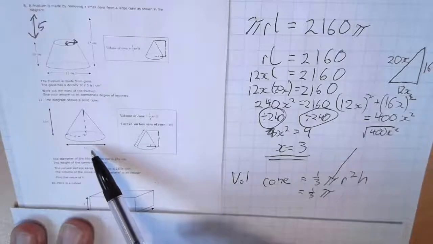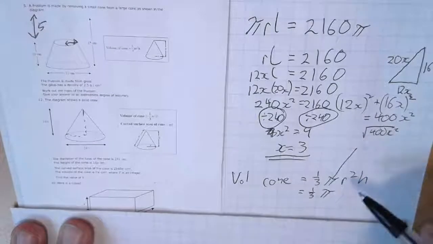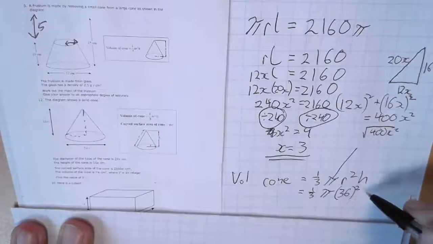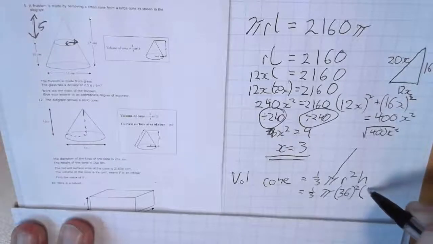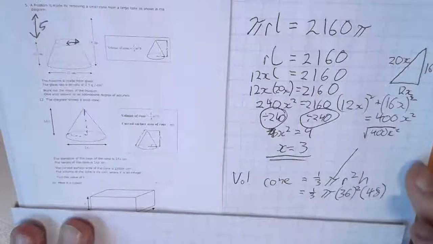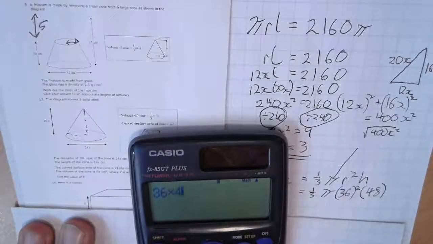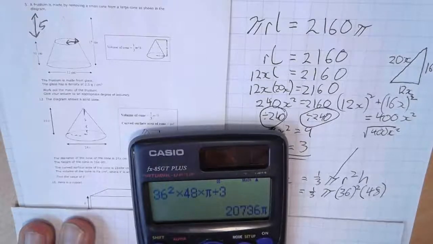My radius is 12x, so my radius is 12 times 3, so my radius is 36, and I'm going to square that. My height is 16x, so my height is going to be 16 times 3, which is 48. So I need to do 36 squared times 48 times pi, and then divide it by 3. And I get 20736 pi.